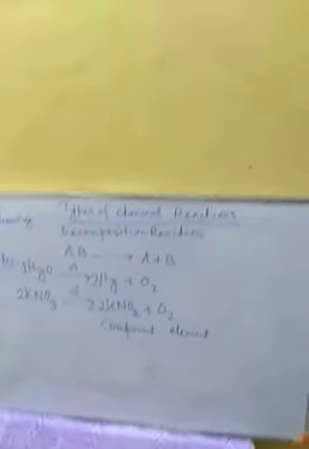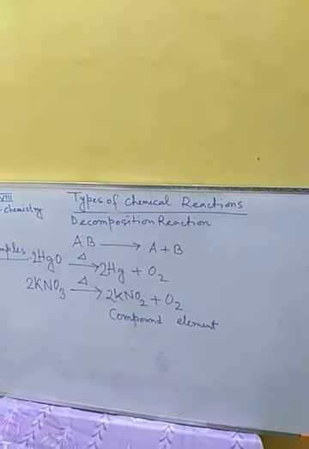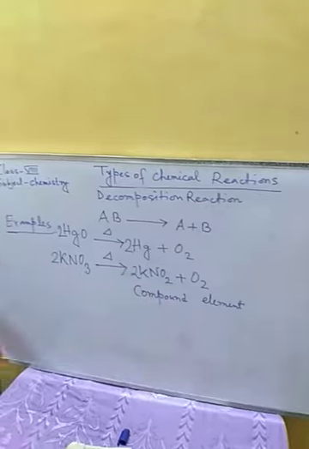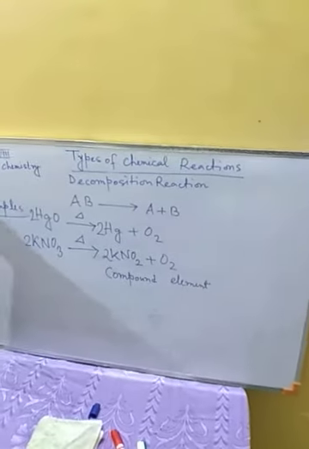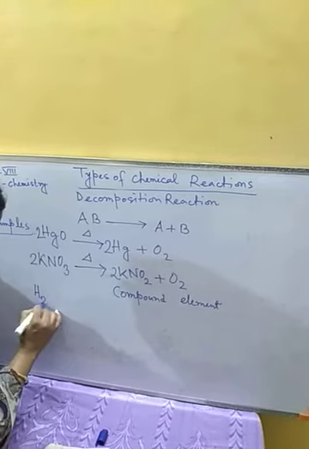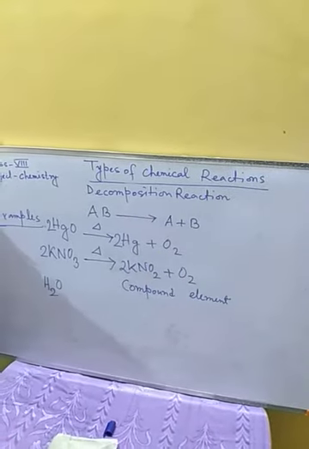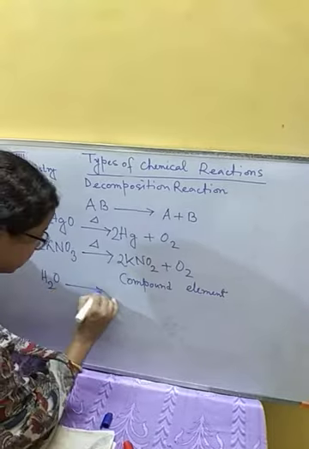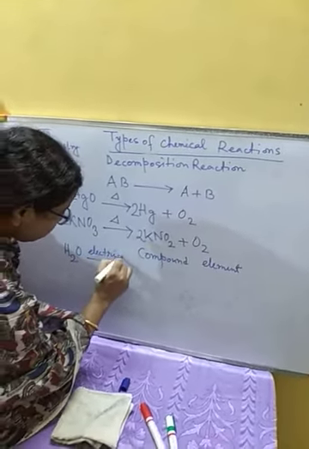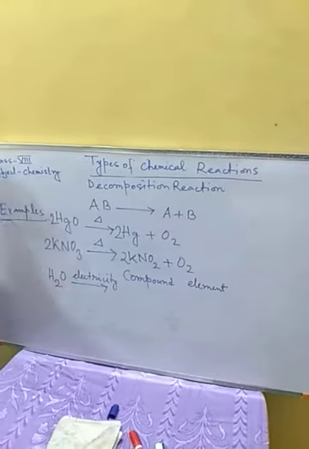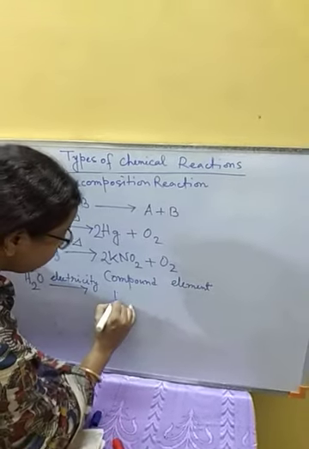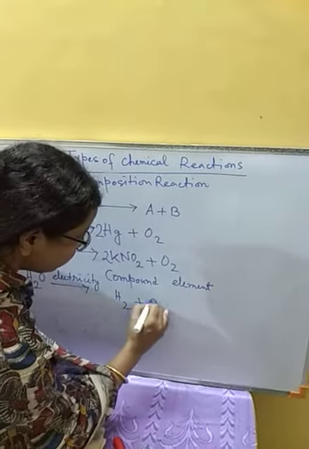Next, we can use electric current also. The electrolysis reaction of water: if we pass electricity through acidified water, then we are going to get hydrogen and oxygen.